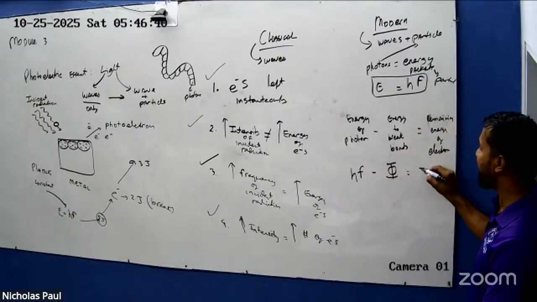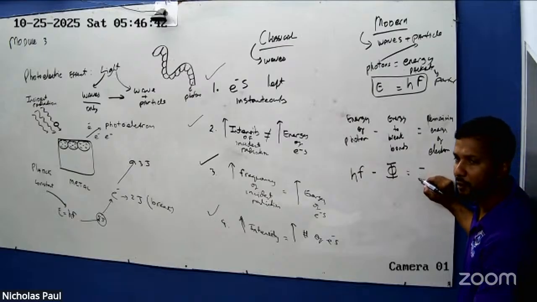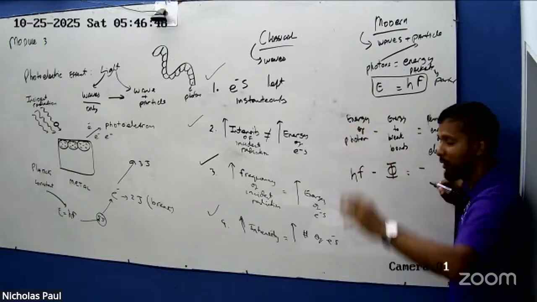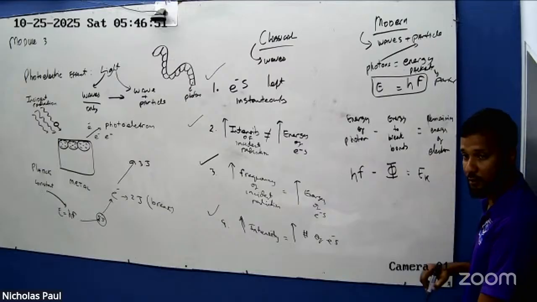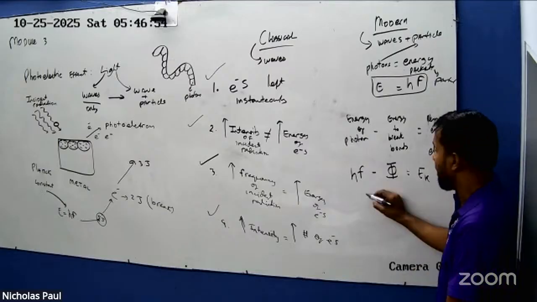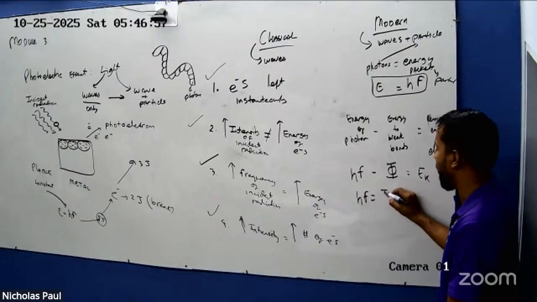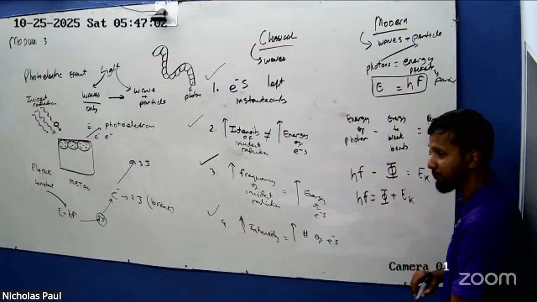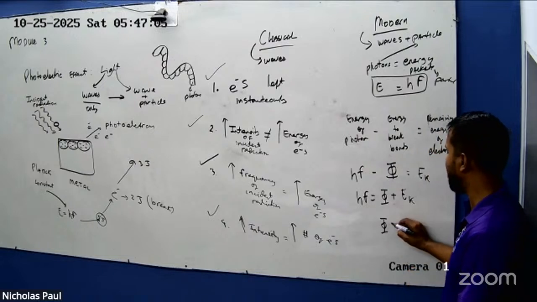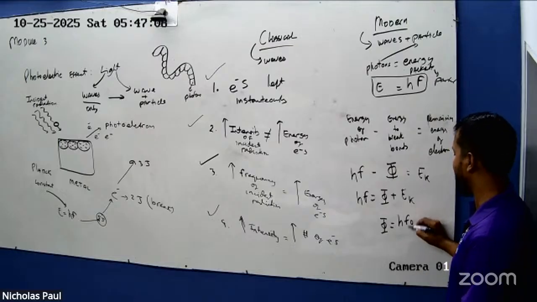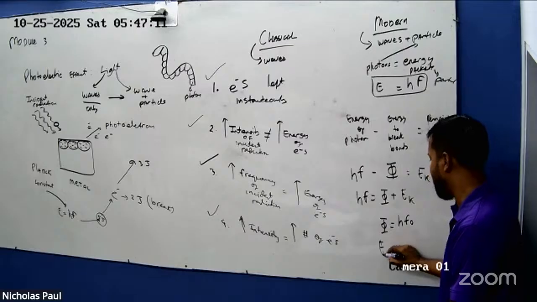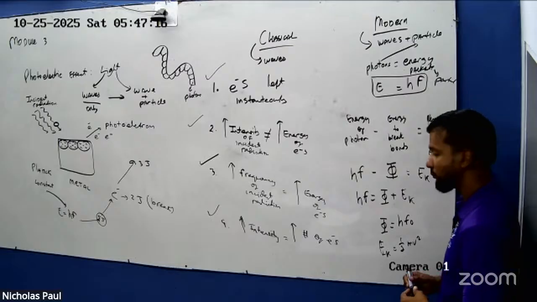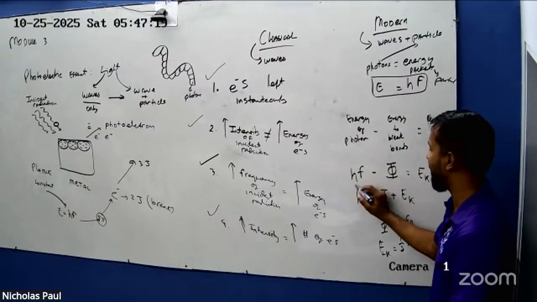And the remaining energy is how the particles leave and move away, so whatever energy the particle has. So the formula is HF equals phi plus kinetic energy. Phi is HF naught, I'll explain that. And kinetic energy, we know, is a half mv squared. So this formula summarizes everything that we learned today.